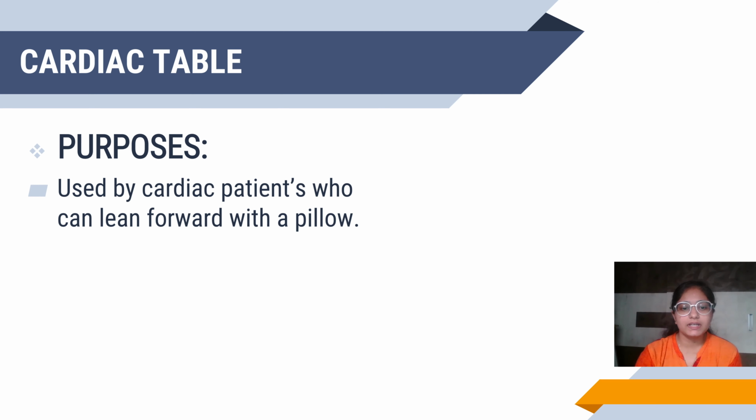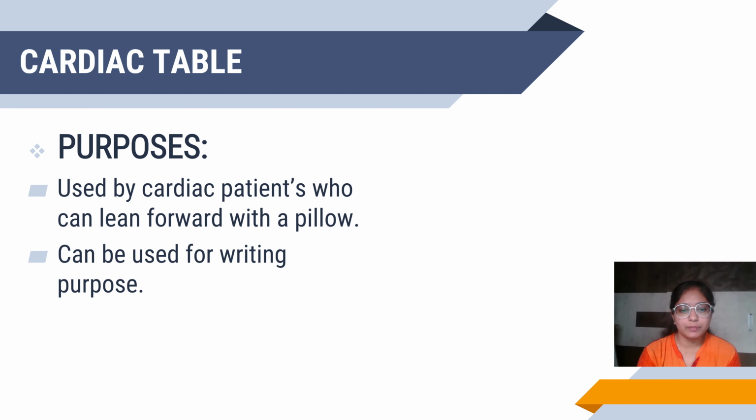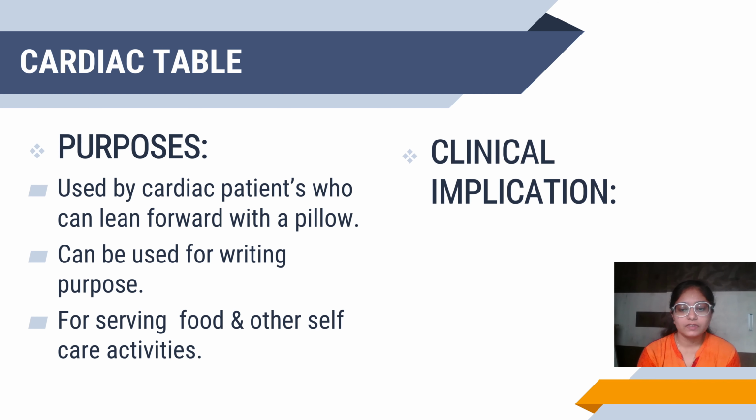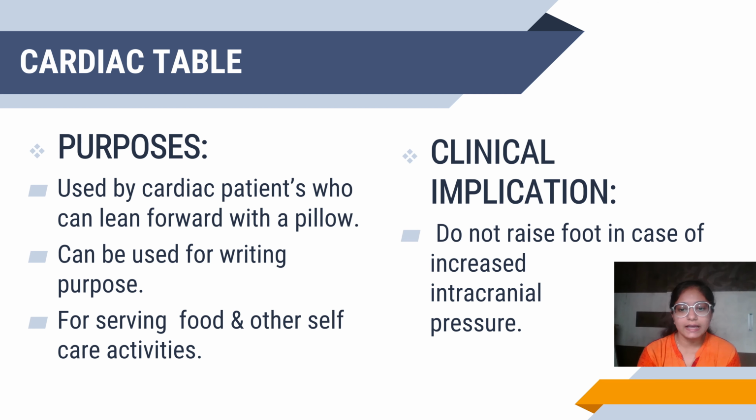The cardiac table is used by cardiac patients who can lean forward with a pillow, can be used for writing, for serving food and other self-care activities like reading newspaper or books. Clinical implication for cardiac table: not to raise food in case of increased intracranial pressure.